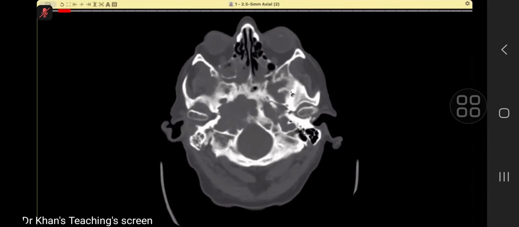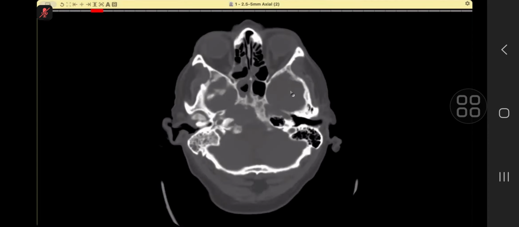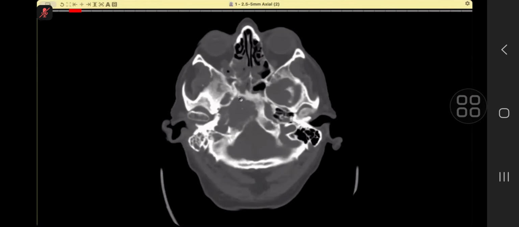What do you think is the epicenter of the lesion? The right side of the sphenoid, basiocciput, sorry, and the clivus.